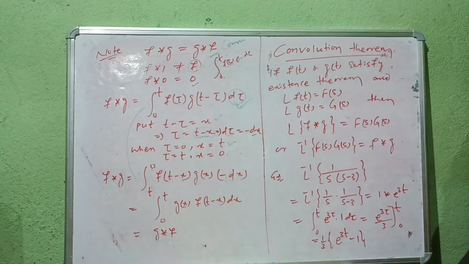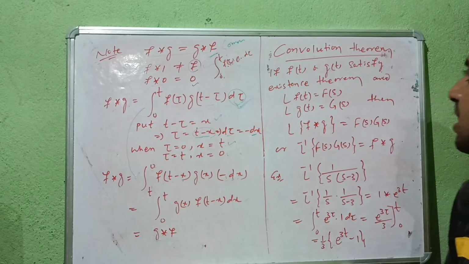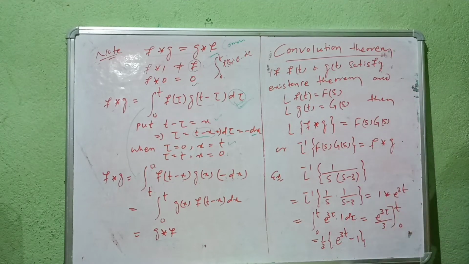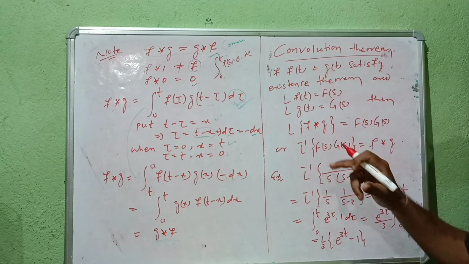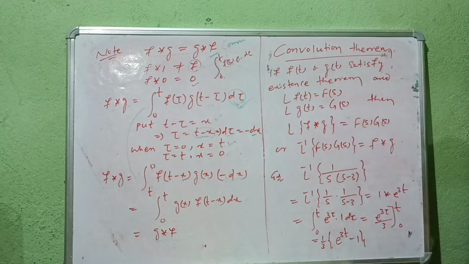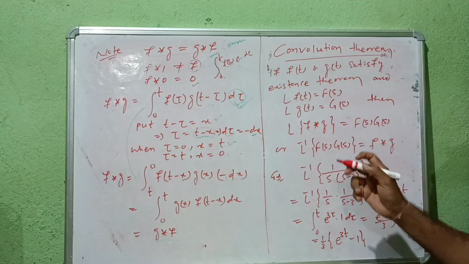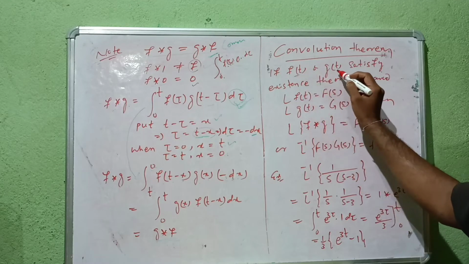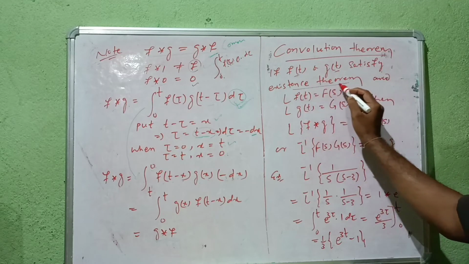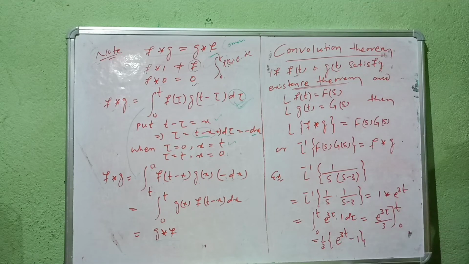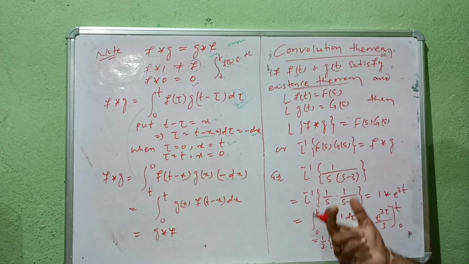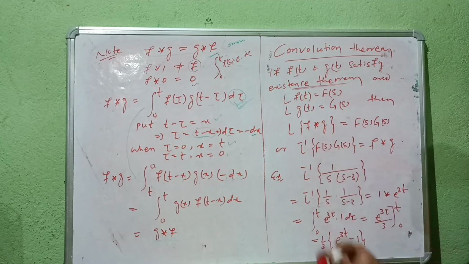Now come to the convolution theorem. It is very important and very powerful also. First the definition, and then we can apply this theorem to any problem. So what is the theorem? If f of t and g of t satisfy the existence theorem, because when we use Laplace transformation, we first have to check whether their Laplace transform exists or not.